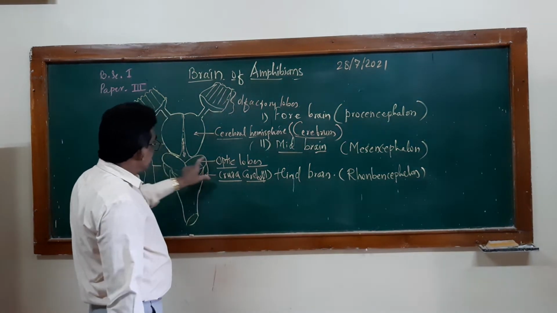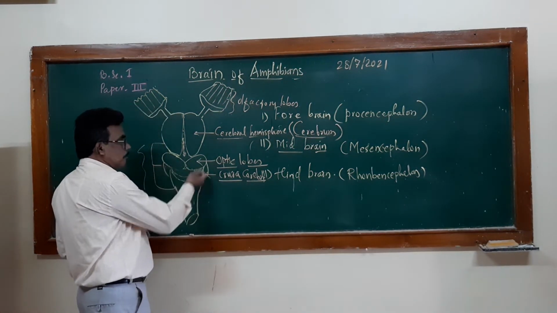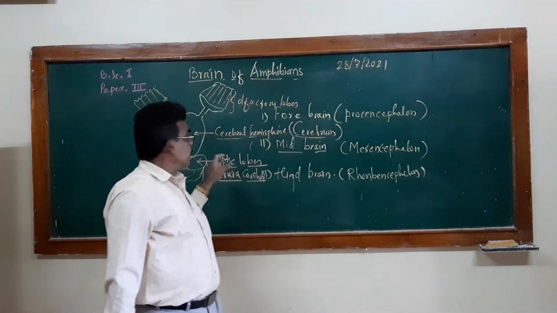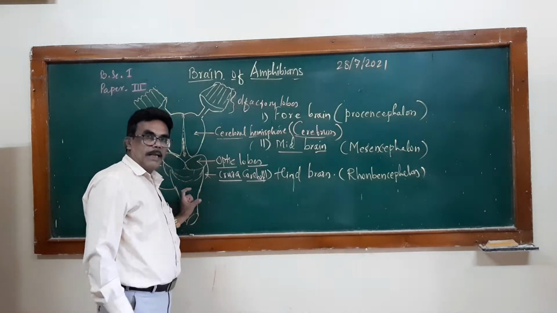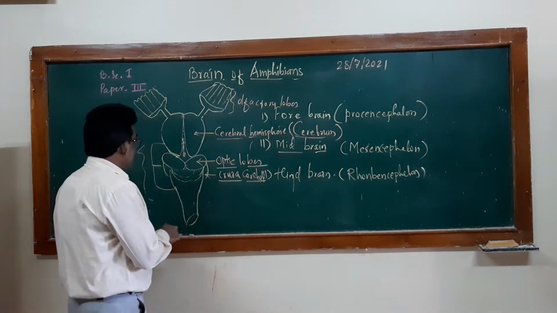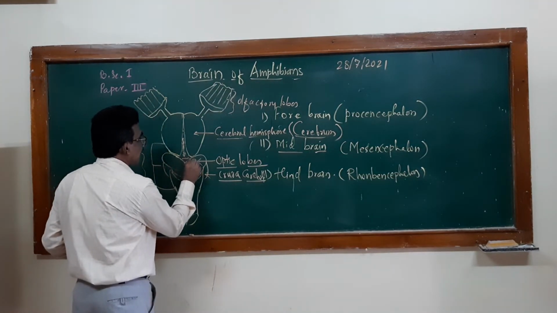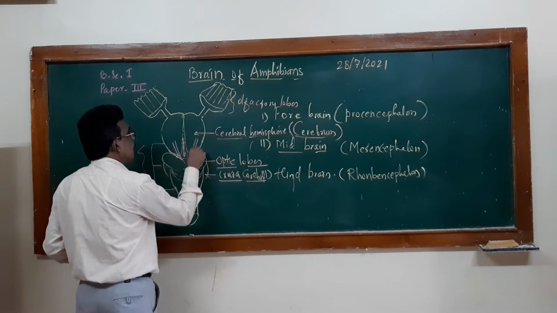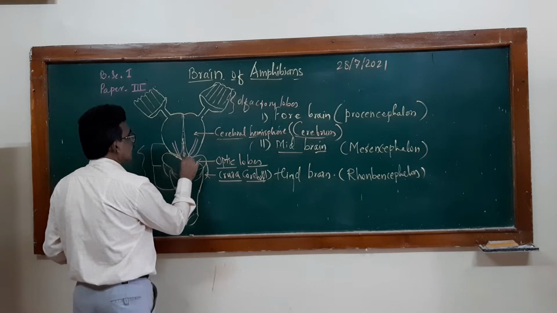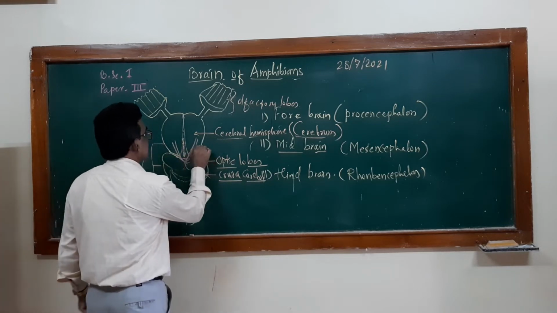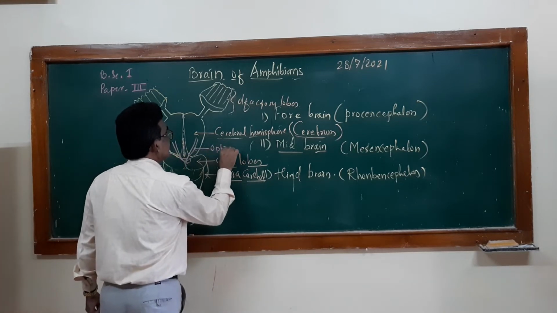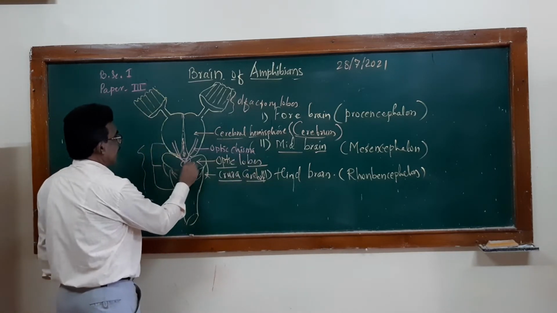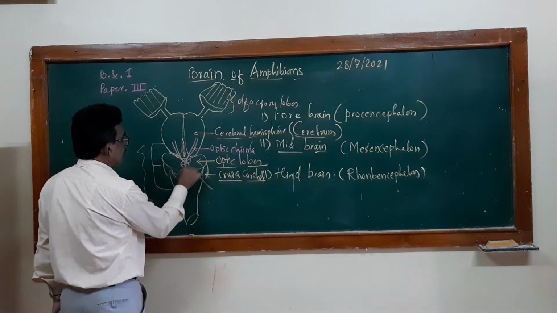Then at the ventral side of this, this is the dorsal side of the brain. At the ventral side there will be the optic chiasma, the nerve crossing. Then here is the infundibulum.